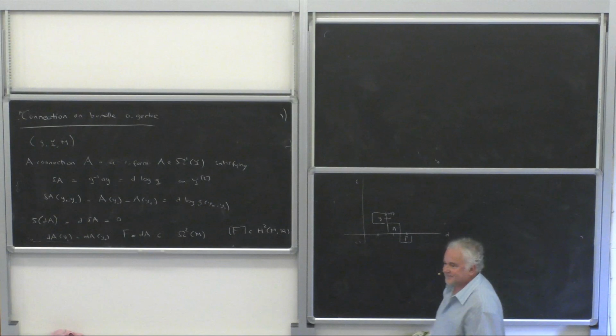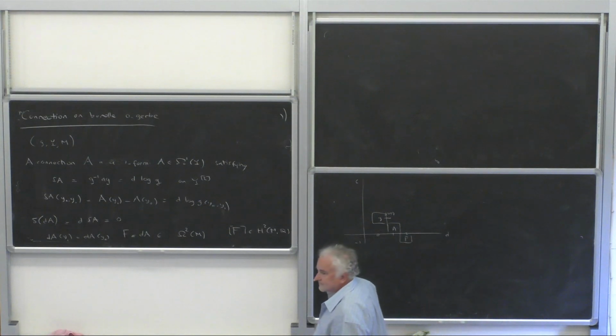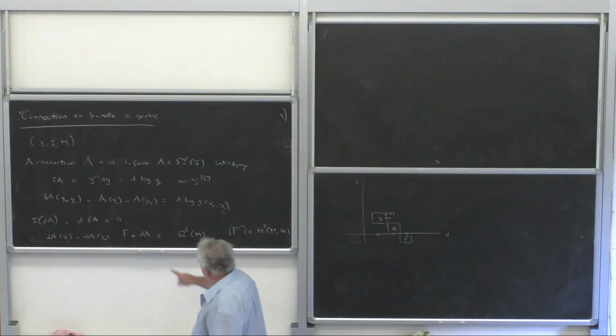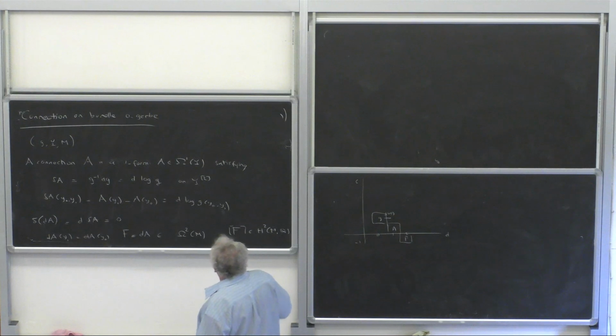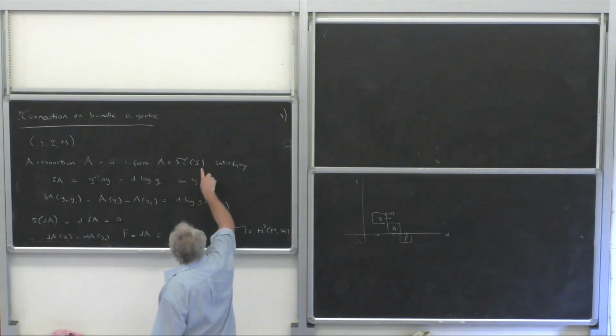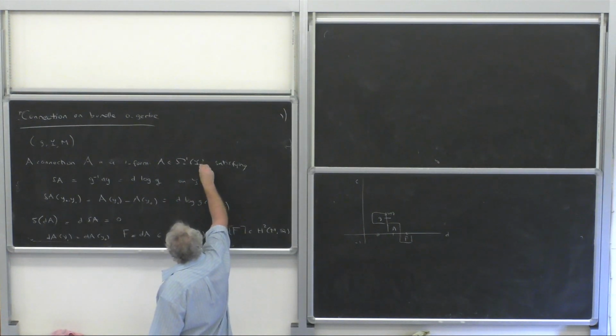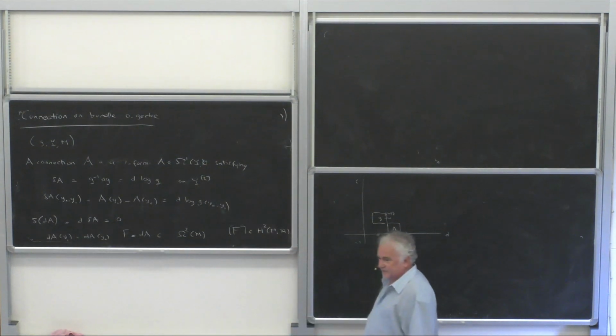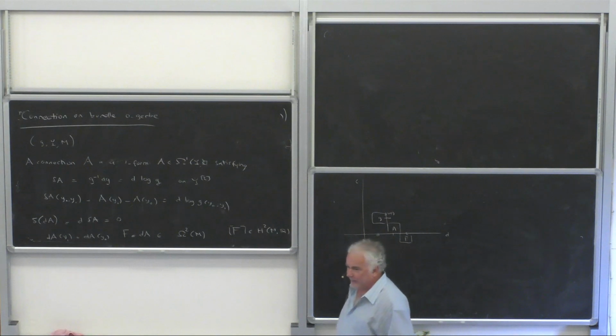Sorry. Yeah, so F is a closed 2 form of integral period. No, this is a connection 1 form with values in R. Well, with integral periods, yes, but it's just an R valued form.